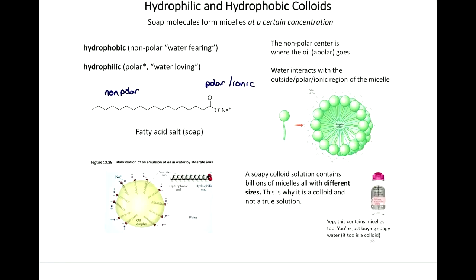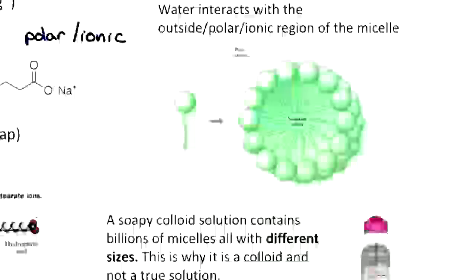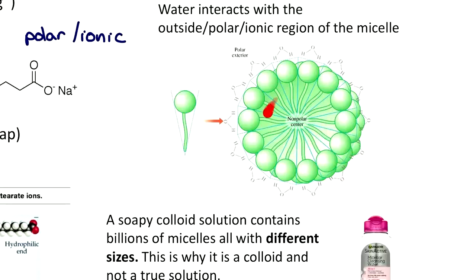All right, so at a certain concentration, if you make a soapy mixture, you can make a colloid. So soap particles, if you just have a pure soap mixture, you just mix soap and water with nothing else. If you have a bunch of these molecules, what you can make are these kind of globs of soap, where all of the nonpolar ends congregate towards the middle of this, what we call a micelle, and the outside is all of the polar ionic ends of your soap.